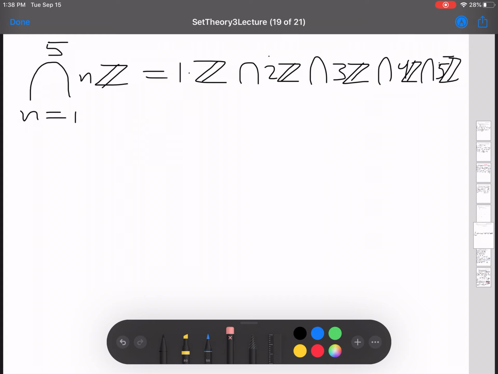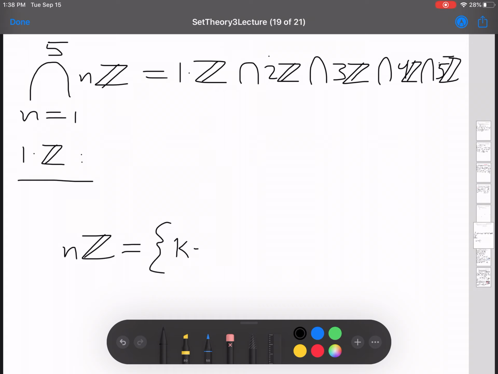The way I would go about doing this, let's look at 1z first. I'm going to write out some elements of 1z. Okay, what is 1z? All right, remember that nz is the set of all k times n such that k is an integer.